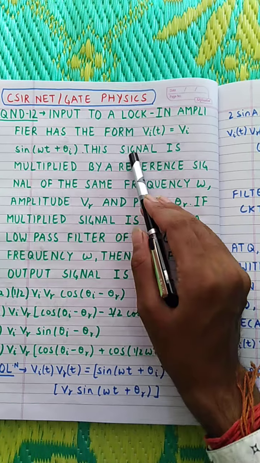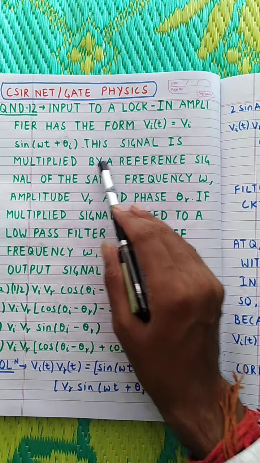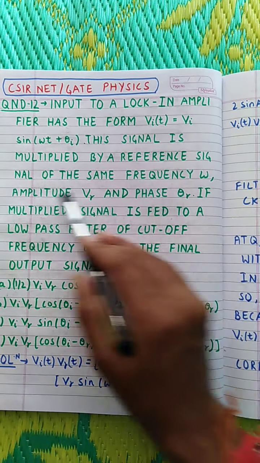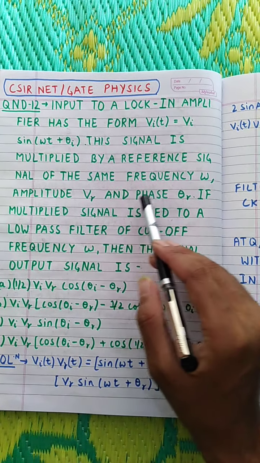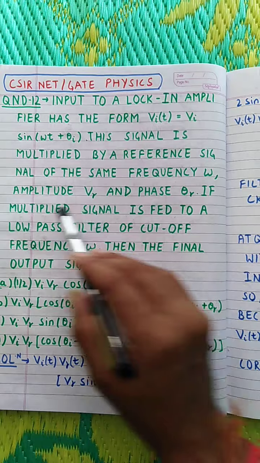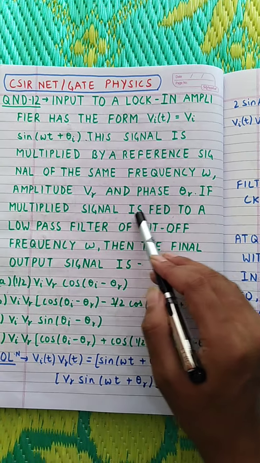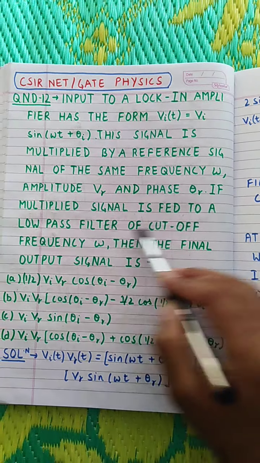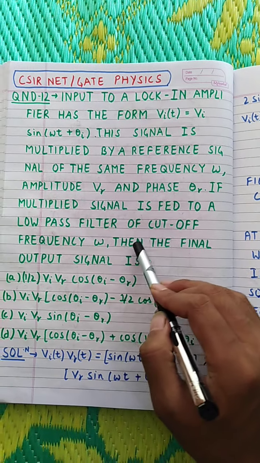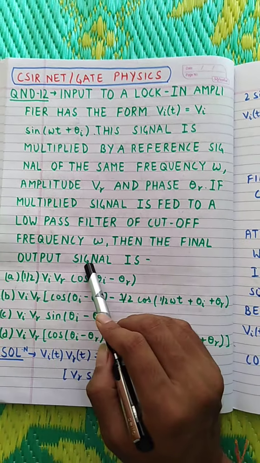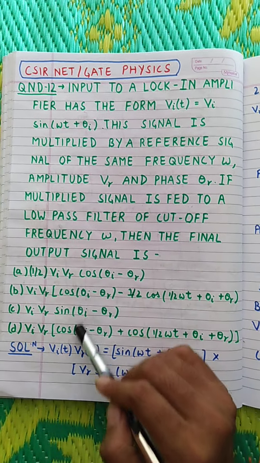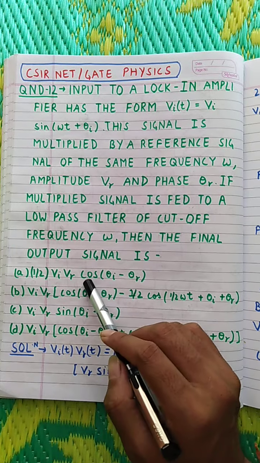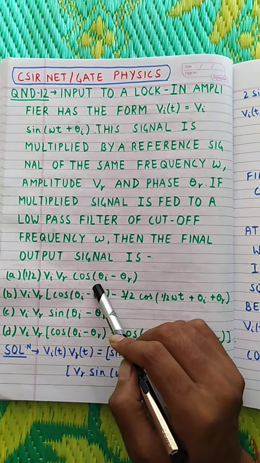Now, this signal is multiplied by a reference signal of the same frequency omega, amplitude V_R, and phase theta_R. If the multiplied signal is fed to a low pass filter circuit of cutoff frequency omega, then the final output signal is, and here four options are given. We have to calculate which one of them will be the correct option for the final output signal.